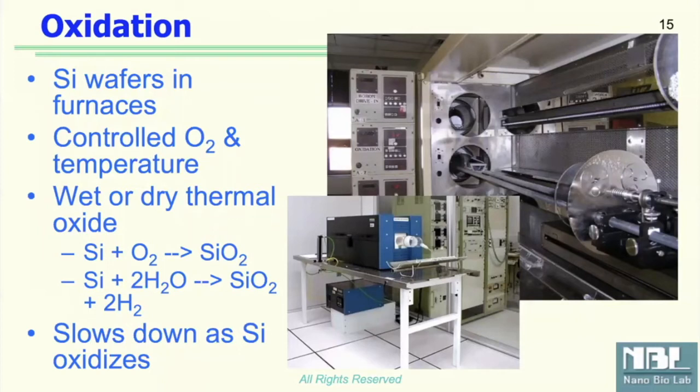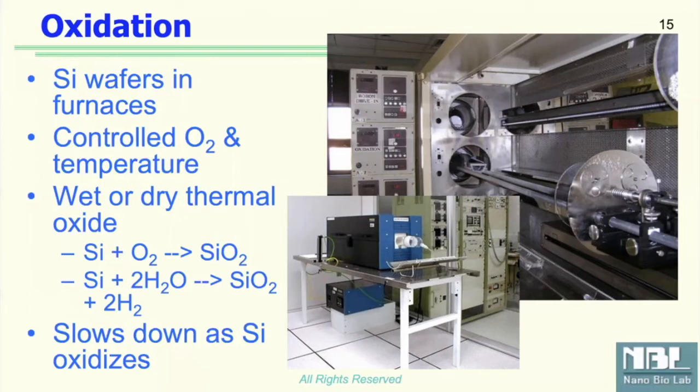Then we introduce oxygen or water. In both cases, we use the vapor of oxygen or the water, and the end result in both cases is that the silicon gets rusty, silicon gets oxidized, which means the same thing.